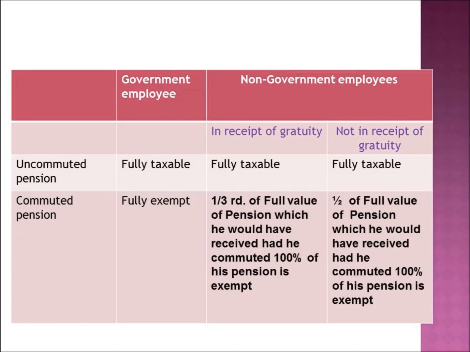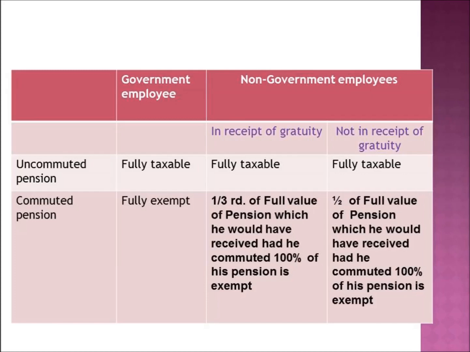So in case of government employees and non-government employees, uncommuted pension is fully taxable, whether he is a government employee or a non-government employee, or whether receiving gratuity or not receiving gratuity. The uncommuted pension will be fully taxable. So we don't have to think much before taxing the uncommuted pension because there are no conditions attached to it.